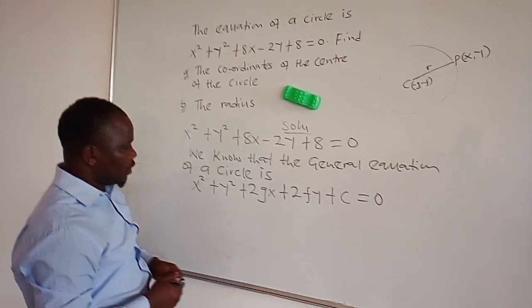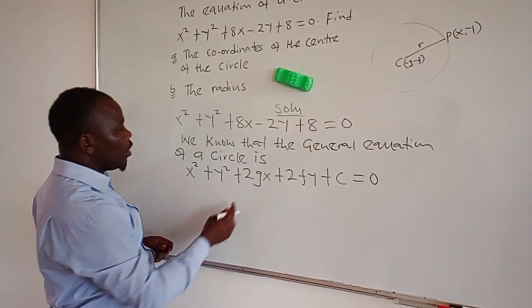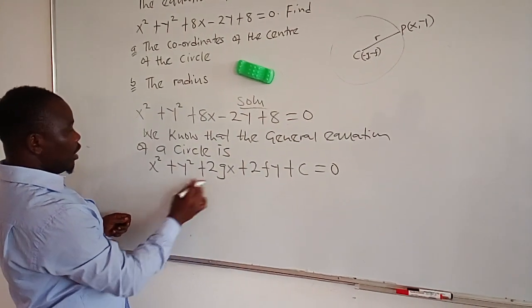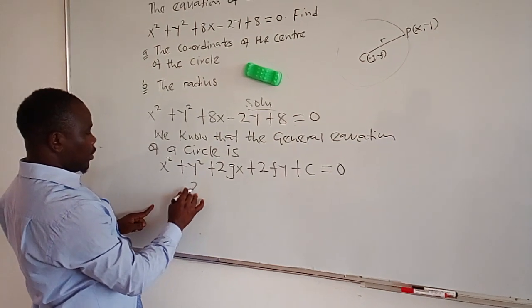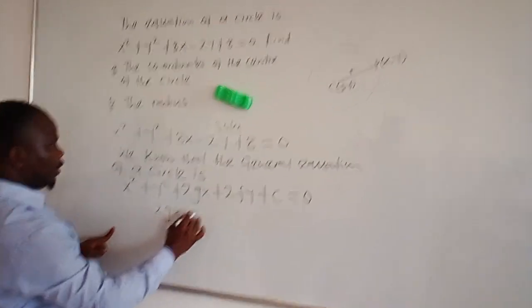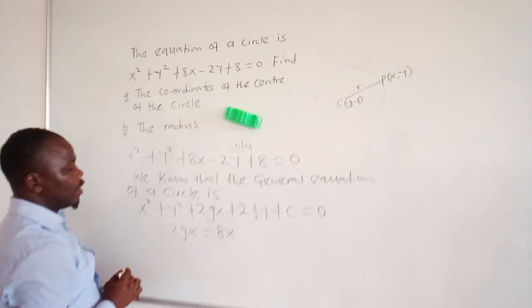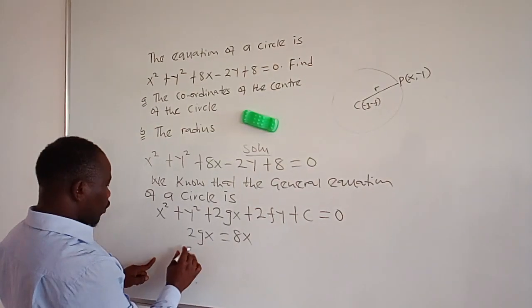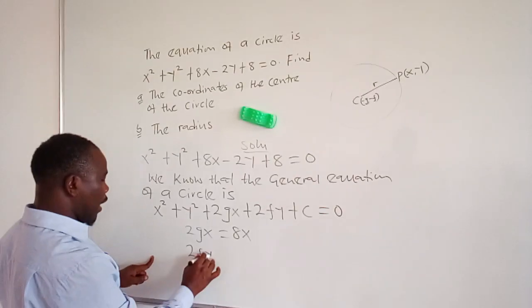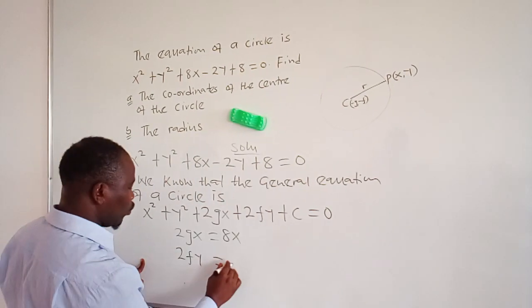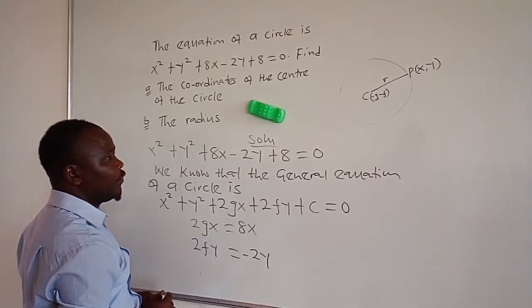Let us look at it this way. We now write, if we equate 2gx equals 8x, and equate 2fy equals minus 2y. Are you following?